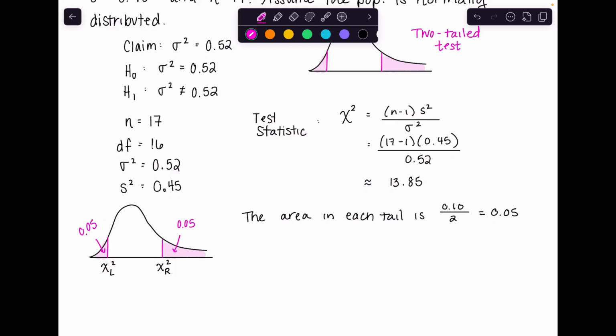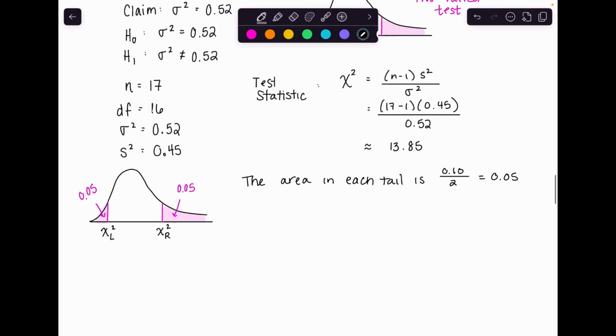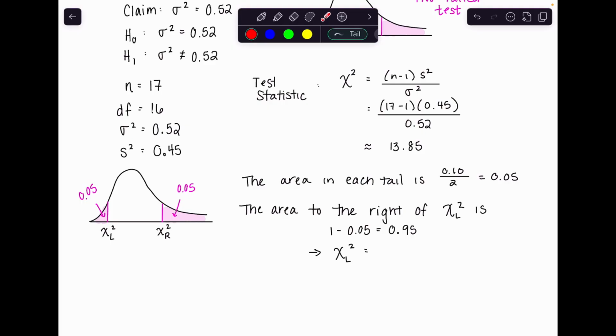Okay. So starting with finding the leftmost value, we know the area to the left is 5%. So the area to the right of the left endpoint is going to be 1 minus 5%, which is 95%. So this left cutoff value, we then can go to our table for.